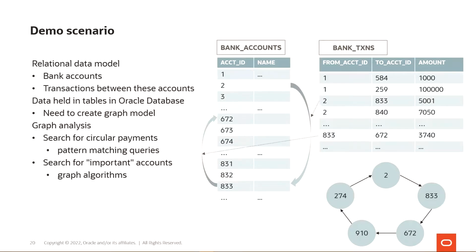And then we are going to do some analysis on that graph model in order to find out whether there are any circular payments or whether there are any important accounts, meaning that there are lots of incoming transactions. And this is something we specifically use graph algorithms for.